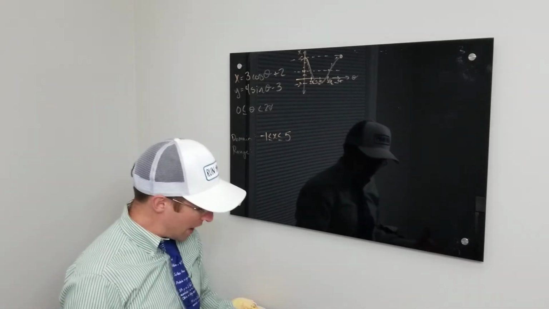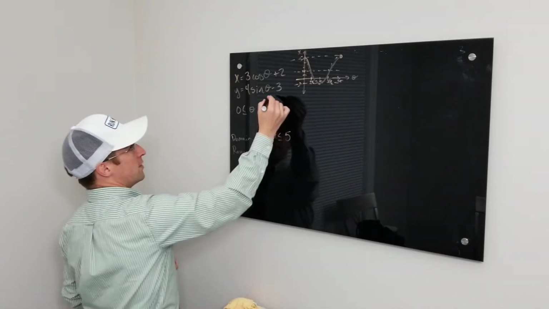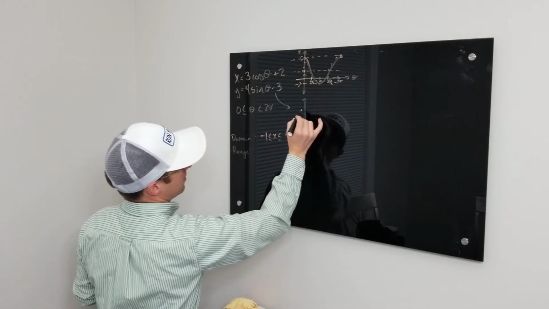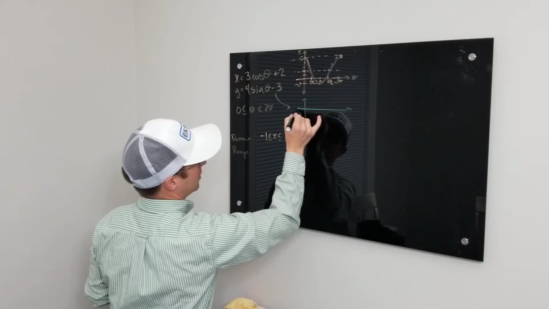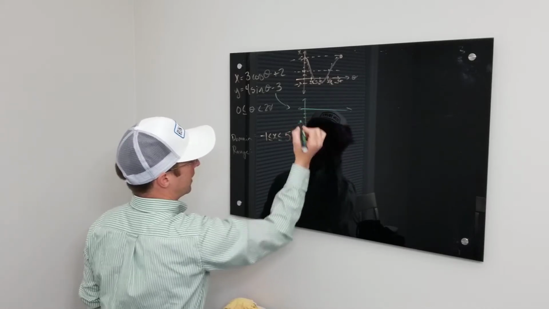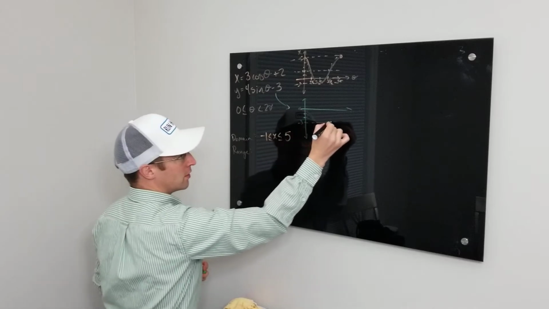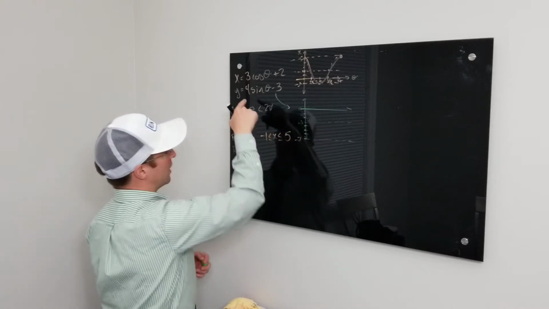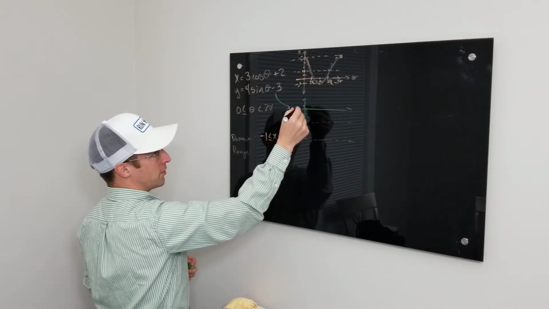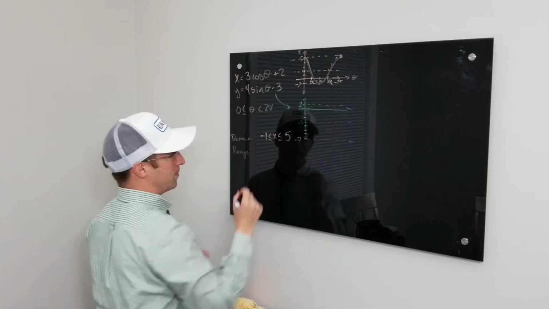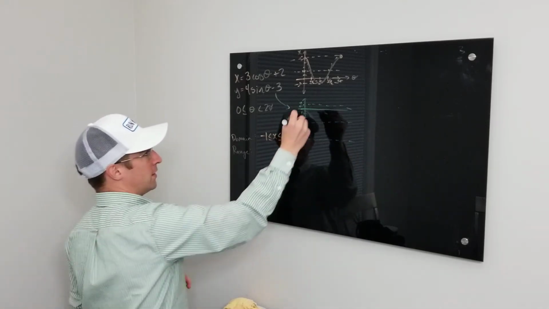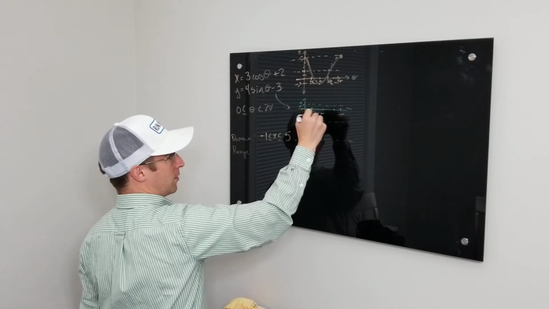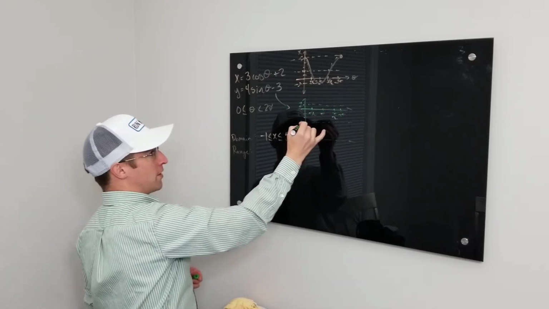To find our range, we're going to sketch out the sine function graph. Here it's -3 for our midline, and we have 4 for our amplitude, 1, 2, 3, 4. So that's at 1. And once again, break it into quarters: pi over 2, pi, 3 pi over 2, 2 pi.